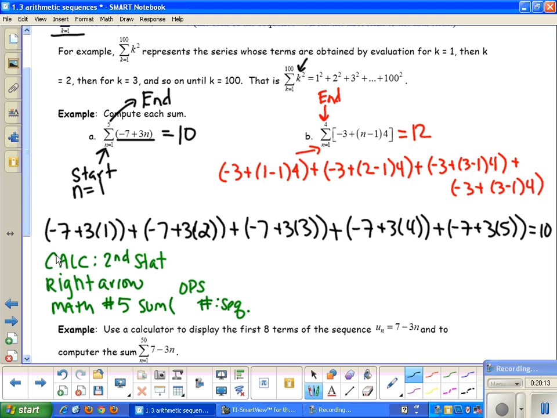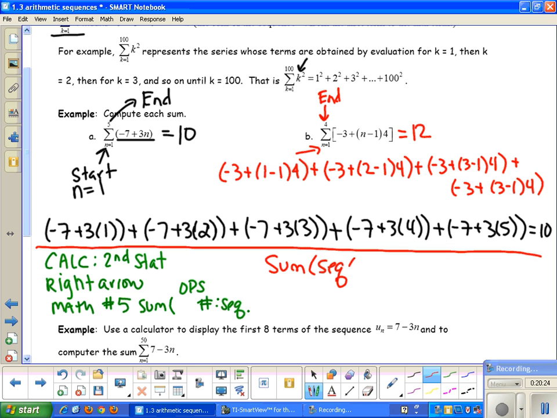So the way that you write it in your calculator is you put the sum and then sequence, and then you put the equation, comma, the variable, comma, your begin value, comma, the ending value.